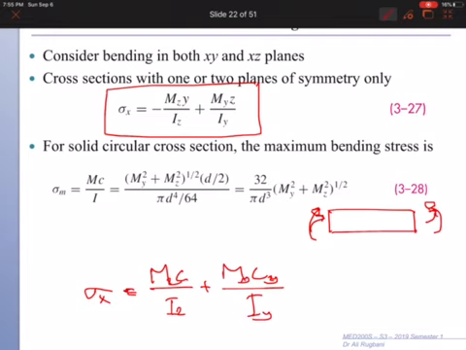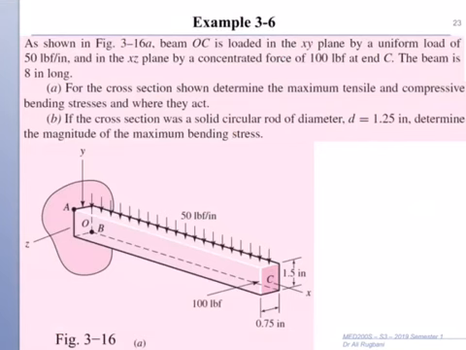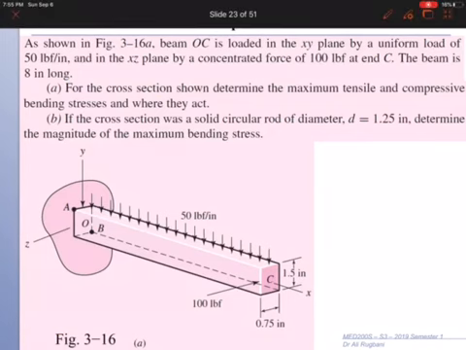You just add stresses, because you will have compression and tension, and then at the corner you will have compression and tension from the other plane. So this example will show you how to add these stresses.